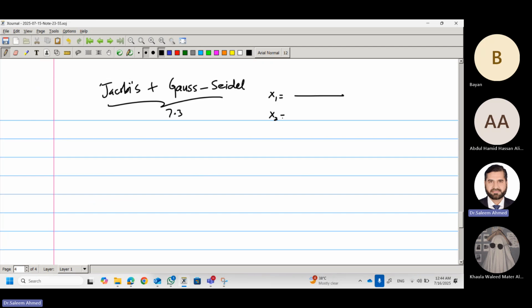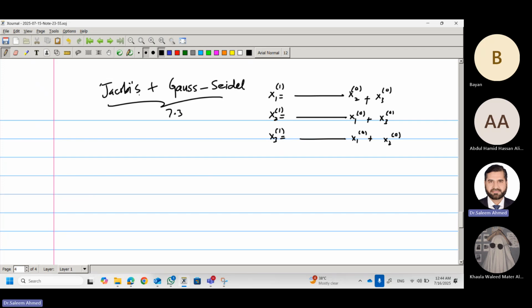From the second equation, write x2 and send everything else to the right, x3 and so on, right? And whatever x's are used here, let's say x2, x3, use 0 first as the initial guess, basically, okay? And this gives you the first iteration. So if you put 0, 0 in the right hand side, you get 1, 1 on the left. Then if you put 1, 1 on the right, you will get 2, 2 on the left, right?